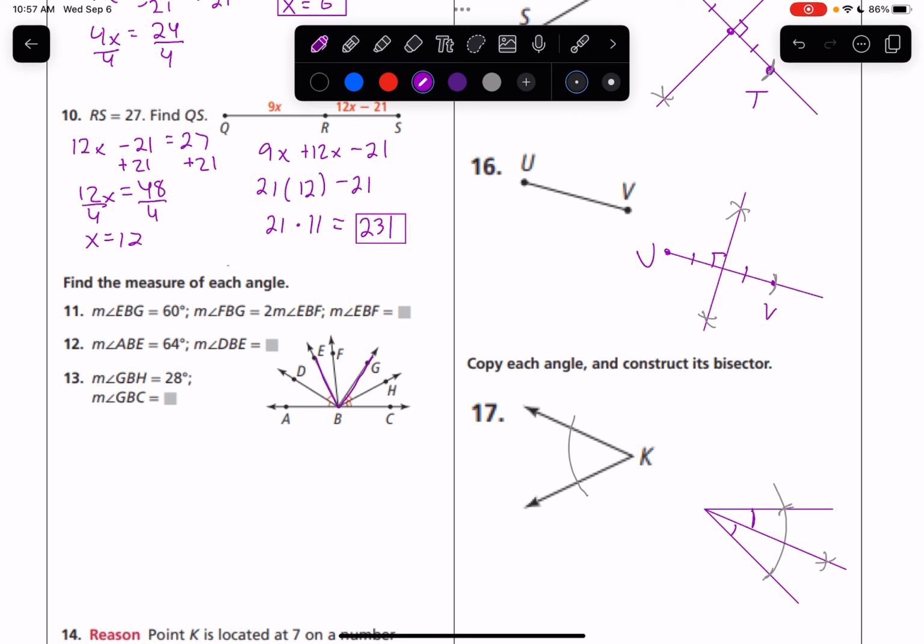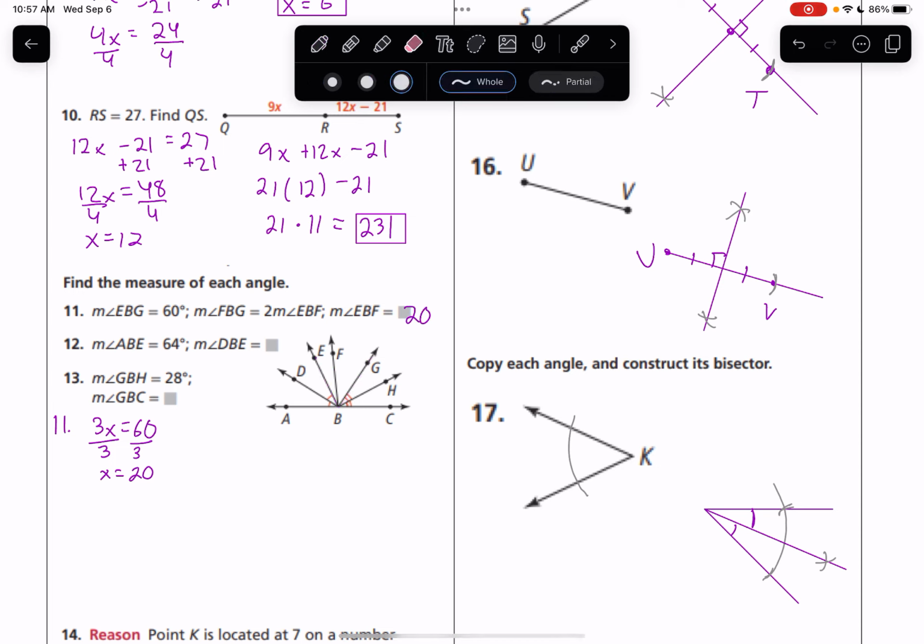So if FBG is twice the measure of EBF, then there's 3 x's inside of that angle. So for number 11 here, we can say 3x equals 60 and divide both sides by 3, and we get x equals 20. So the measure of angle EBF is 20.